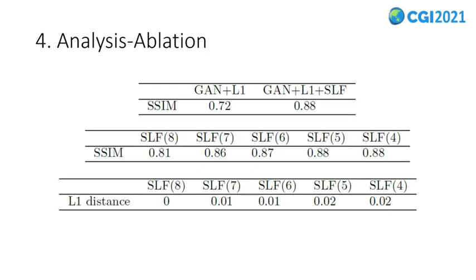Ablation study shows the effectiveness of our method. First table shows that using similarity loss function can bring a significant improvement in color consistency. The second table shows the effect of similarity loss function on the results at different levels.